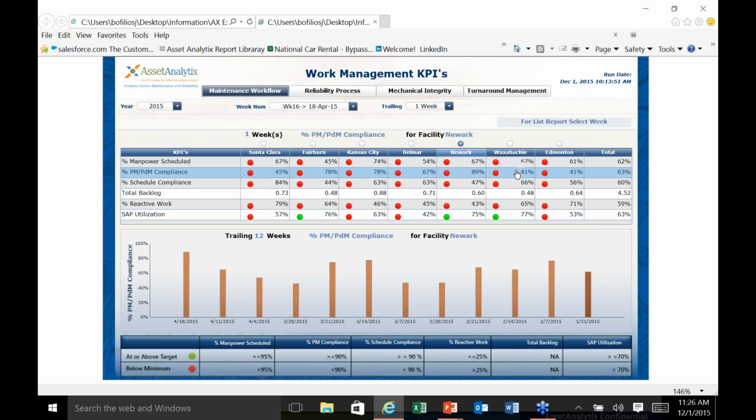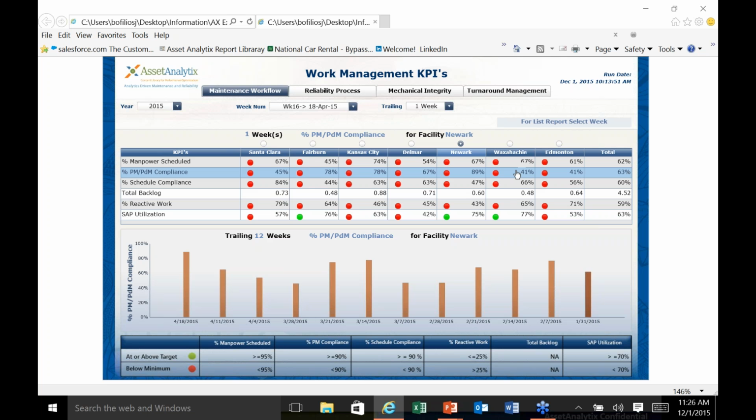So some sites have good data, some sites have bad data, some sites have okay data. But all data is good. There's no bad data, because data has a story, and you just need to determine the right path for it.